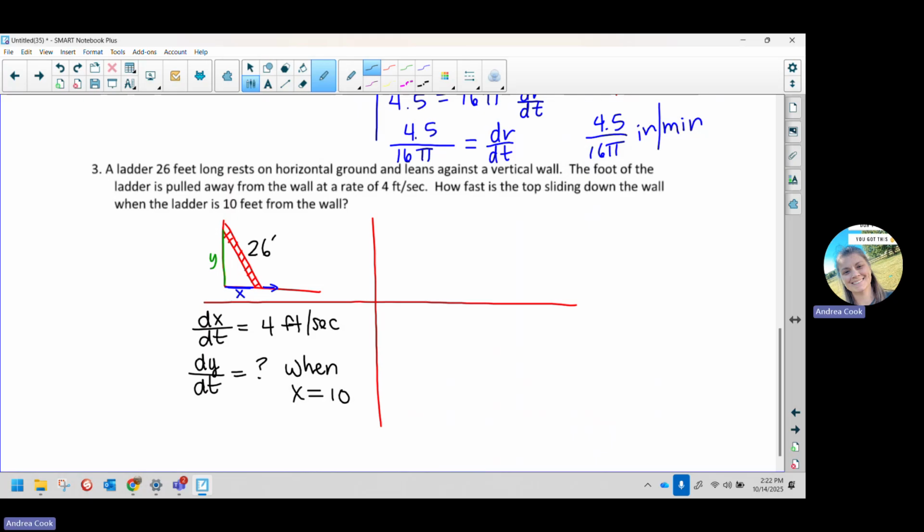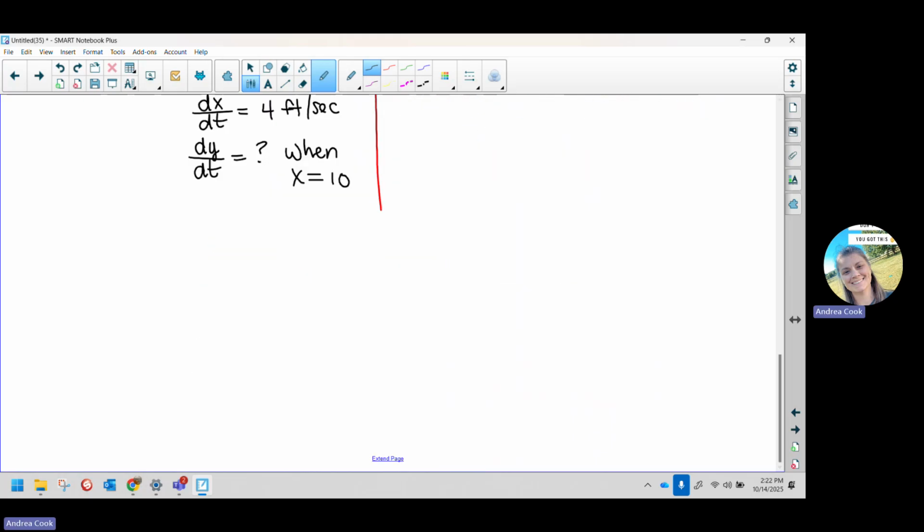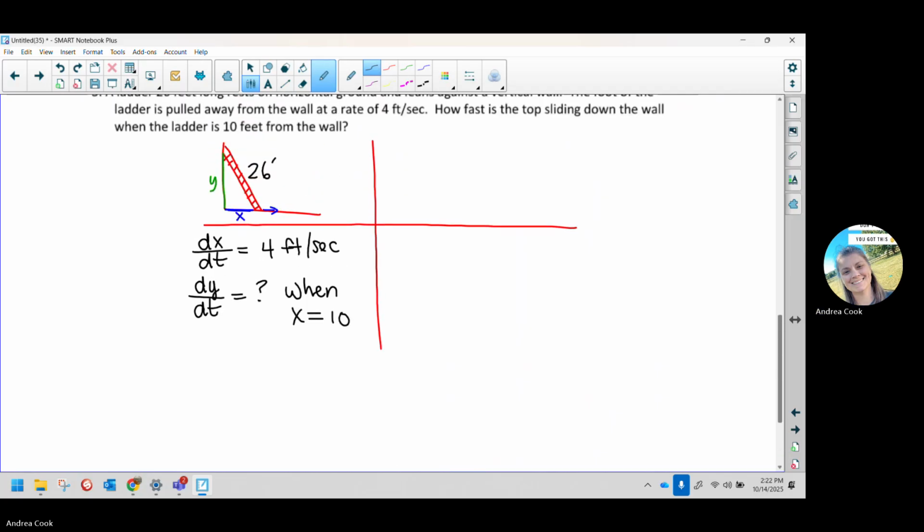All right, for these triangle problems with the when values, I like to redraw the triangle down here. I'm going to redraw it, and this is still 26. This is 10. If I do Pythagorean theorem, you get 24. How did I do that so fast?